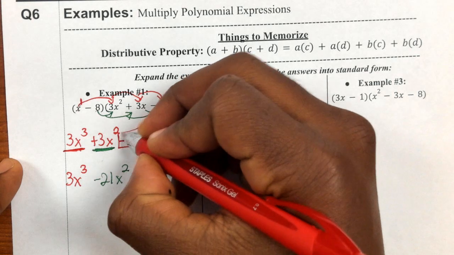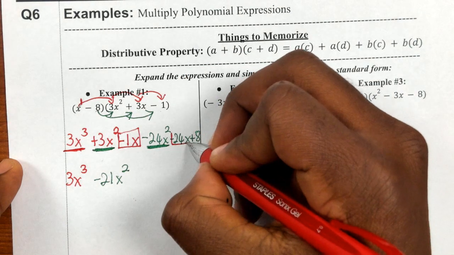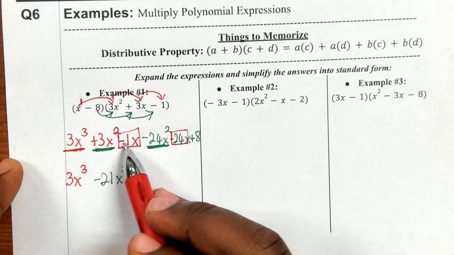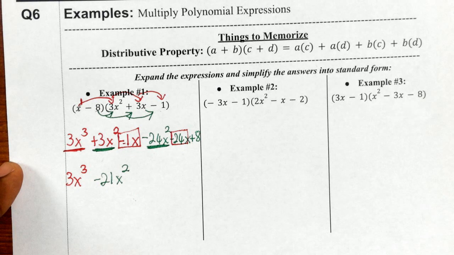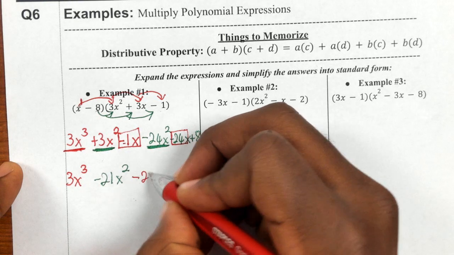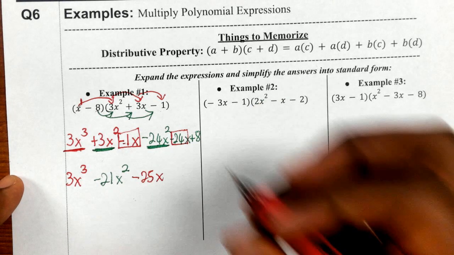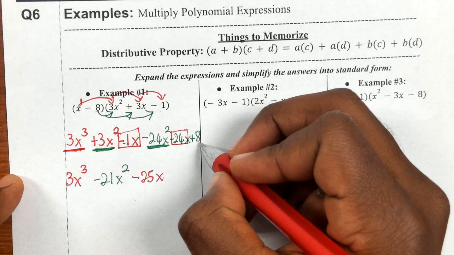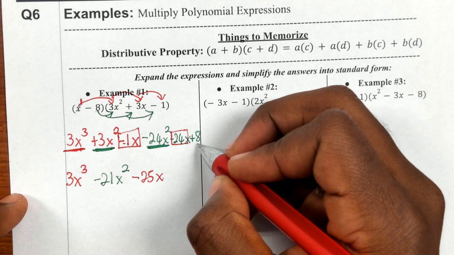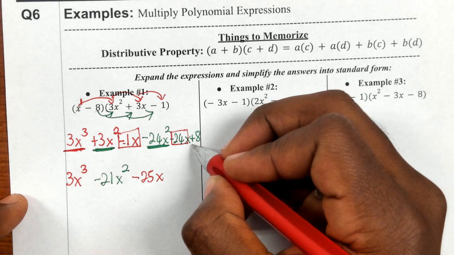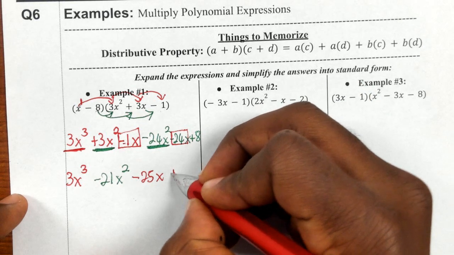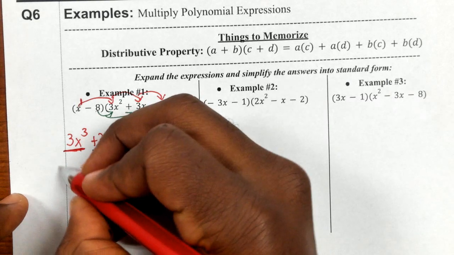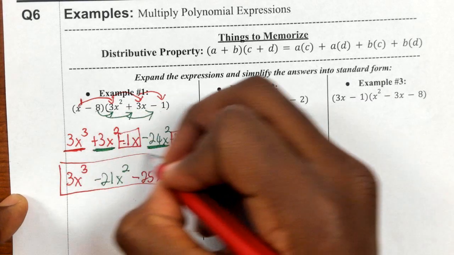So we have a -1x and I have a -24x. -1x minus 24x will give me -25x. Okay? This 8 is the only constant, it's the only number that does not have an x or x squared or x cubed. So this +8, you bring it down. And this is my answer.